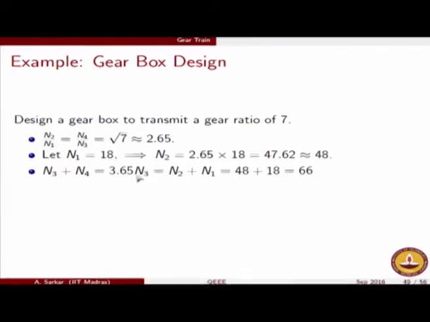right. Similarly, now what we have is N3 plus N4 should be equal to N2 plus N1, but then N4 by N3 has been already calculated as 2.65. So if you substitute N4 as 2.65 times N3, then N3 plus N4 is 3.65 times N3.